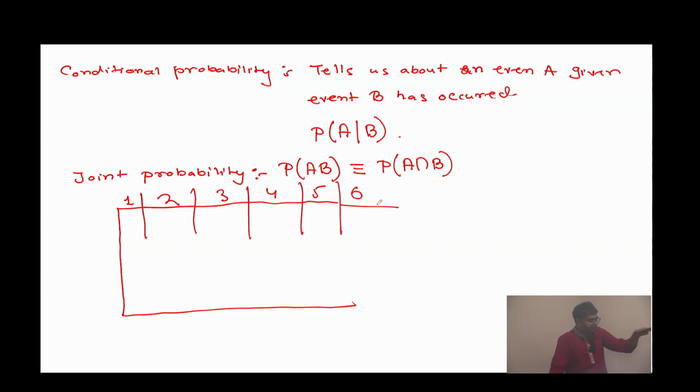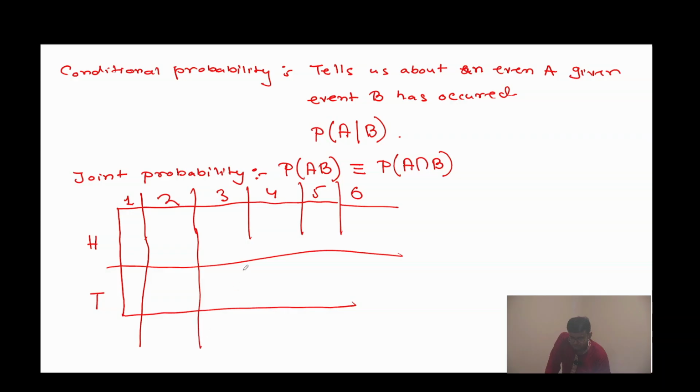The columns represent the outcome when you throw the dice, and the rows will represent head and tail. This is known as the joint probability distribution table. You can only do this for discrete variables, by the way, but this is known as the joint distribution table.